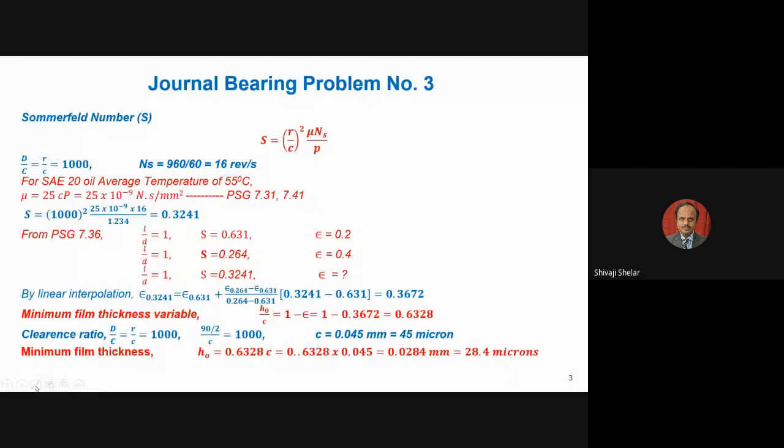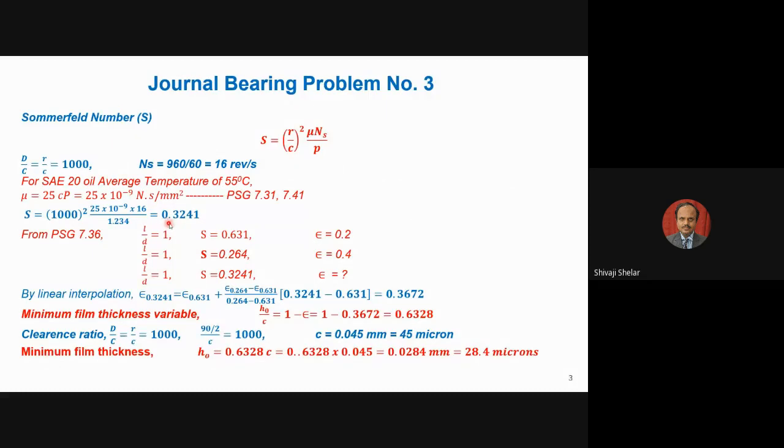At L by D equal to 1, when Sommerfeld number is 0.631, the eccentricity ratio is 0.2. At the same L by D equal to 1 and S equal to 0.264, the eccentricity ratio is 0.4.